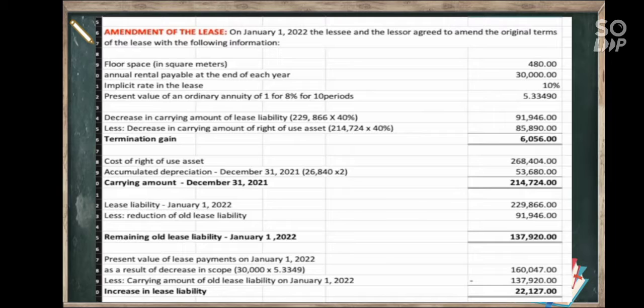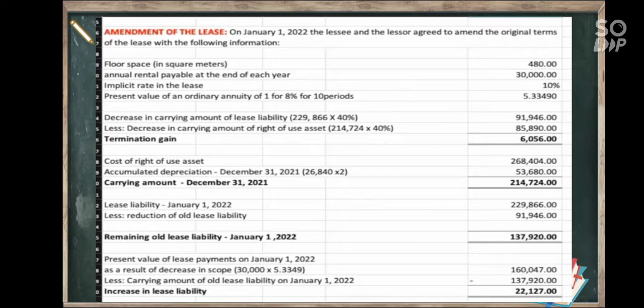Lessee sa decrease in carrying amount of right of use asset. So, 214,724 multiplied by 40%. So, 85,890 less. So, ang termination gain is 6,056. Cost of right of use asset is 268,404.